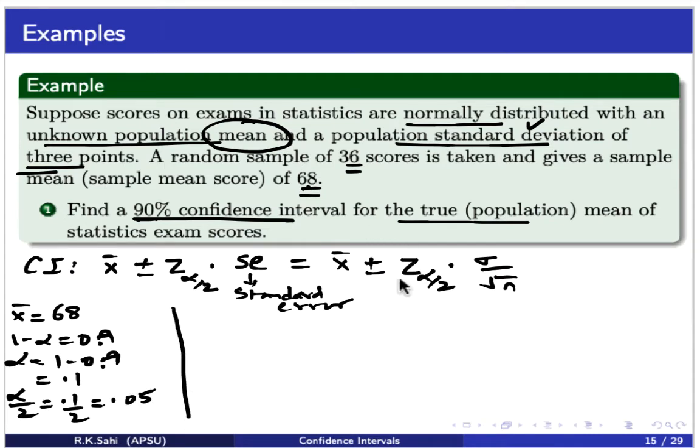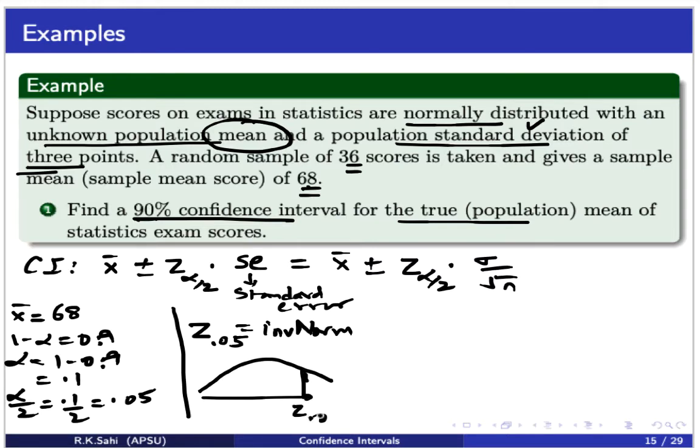Now, we need Z alpha by 2. So that means we need Z of 0.05. Now, if you remember, that formula is inv norm. When I do these things, I normally try to create a little normal curve. And I'm like, oh, this is my Z alpha by 2, Z 0.05.